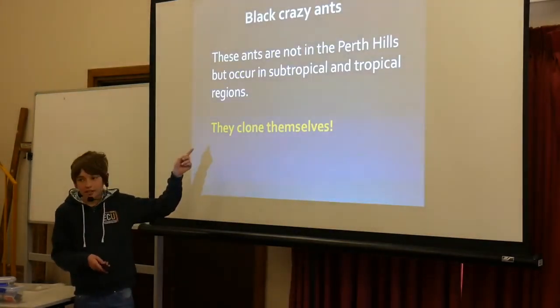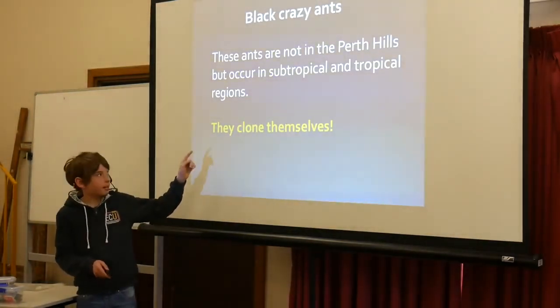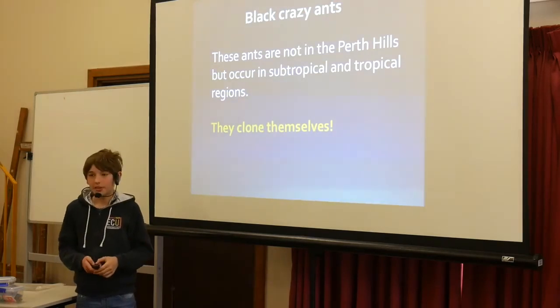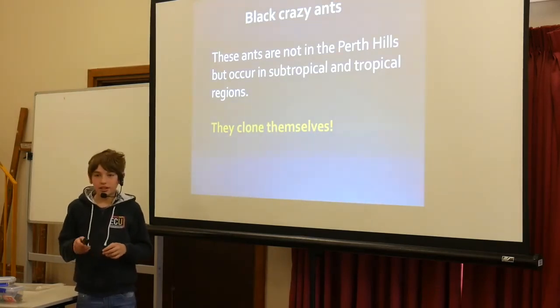Just quickly, black crazy ants. They aren't found in the Perth Hills, but they clone themselves. When the queen starts a new colony, she can lay normal eggs that turn into workers. She stores the male's DNA and lays an egg which is a clone of the male, and then she can clone herself.